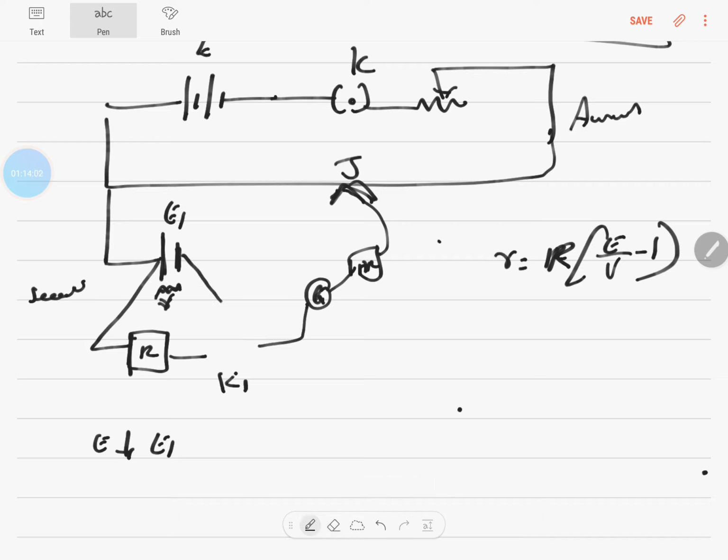Initially, I'm keeping K1 open. So only E1 is connected to the auxiliary circuit. The circuit has got just E1. Can you imagine just E1?